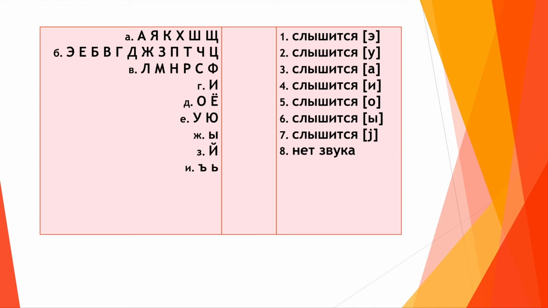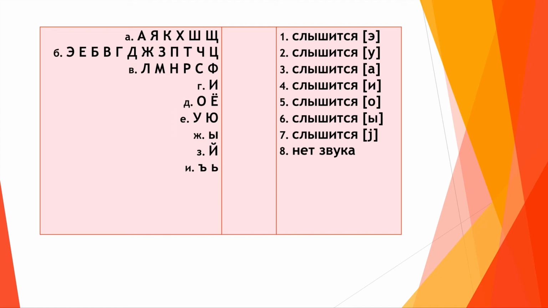There will be arrows showing the correct answers. On the right column, you have the conditions. The first one, I've put here the word слышится. Слышится in Russian means you can hear. So while pronouncing one row of the letters, you can hear the sound E.